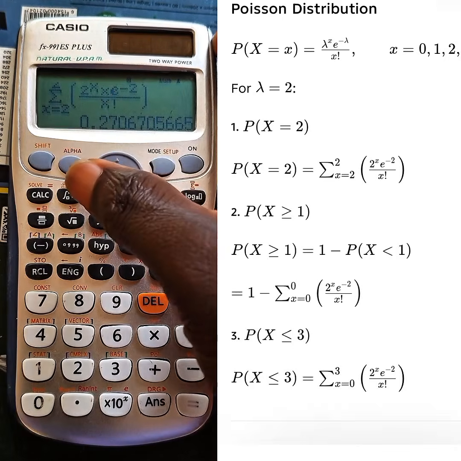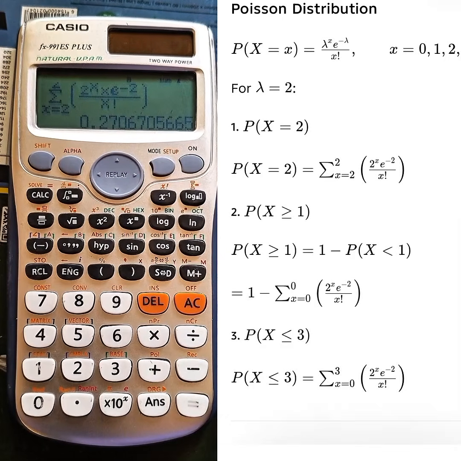So the alternative that you can follow is that the probability of x greater than or equal to 1 is equal to 1 minus the probability of x less than 1. If x is less than 1, that means x is 0.